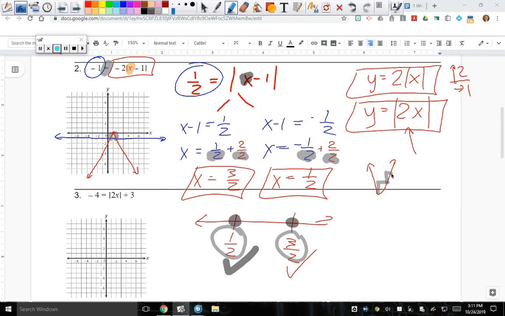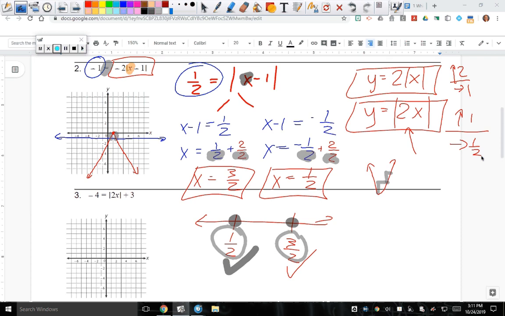It's going to go up 1 over how much? 2. If you were compressed by 1/2, listen very carefully. If you're compressed by 1/2, what's actually happening is you're going to go over 1/2.